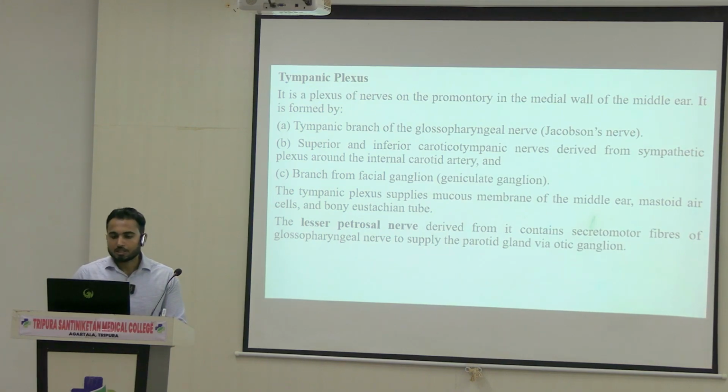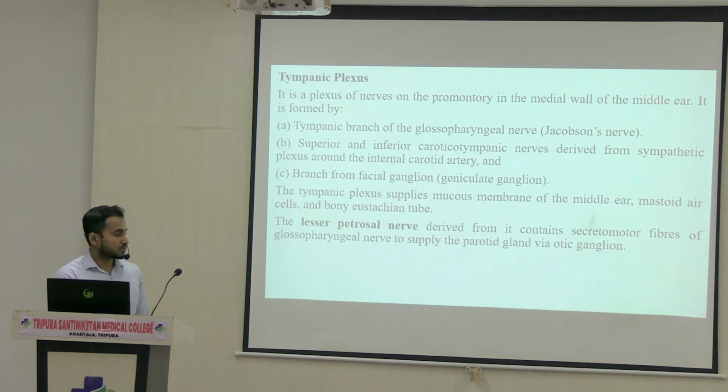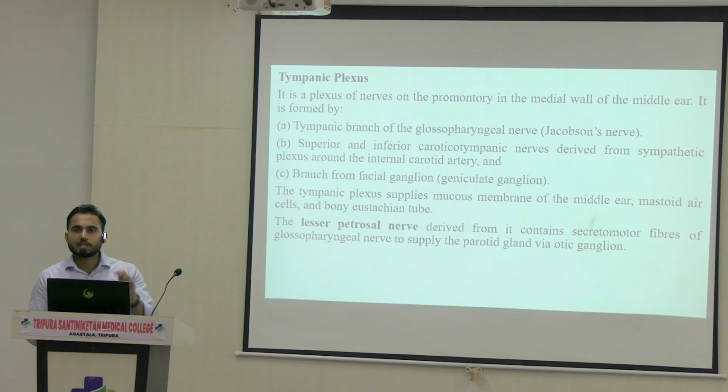Now the tympanic plexus will supply the mucous membrane of the middle ear cavity. Along with that, it also supplies the mastoid air cells and the bony part of the eustachian tube. These are the parts supplied by the tympanic plexus. Next, from the tympanic plexus, one branch is coming out of the middle ear cavity, that is called the lesser petrosal nerve.